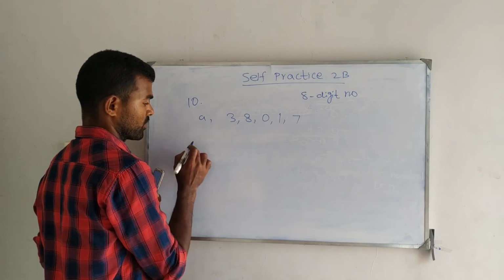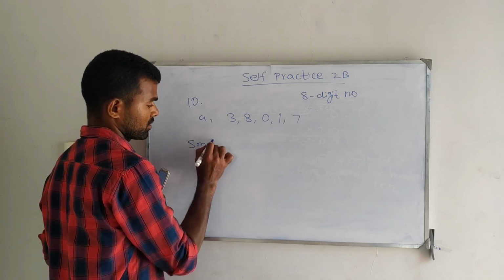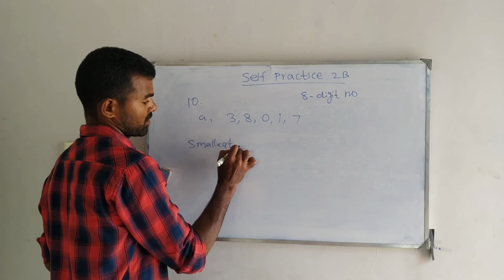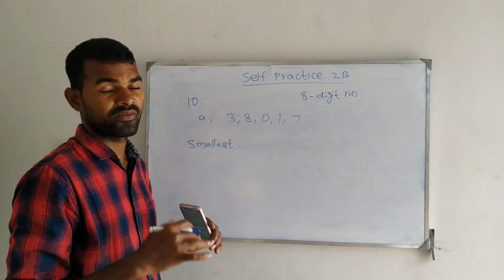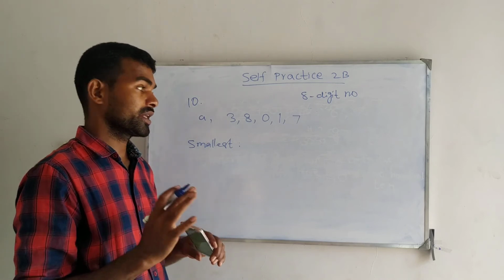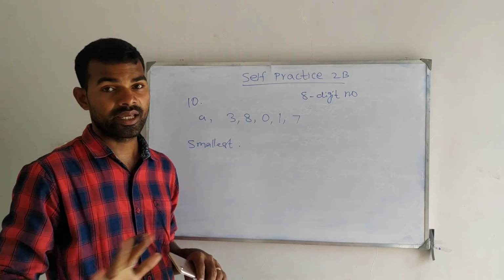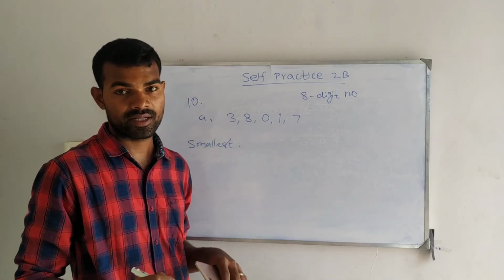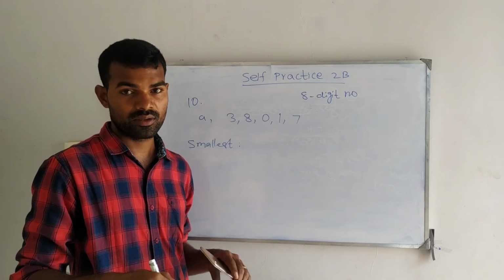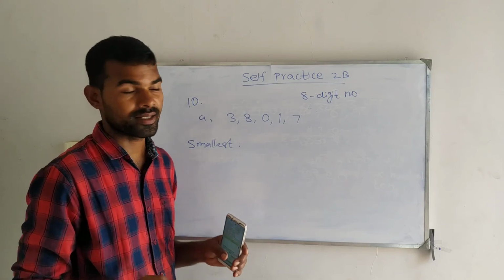Now let us form the smallest number. Before forming it, let us make 8 digits here. But only 5 digits are given. We need 3 more digits to get a total of 8.